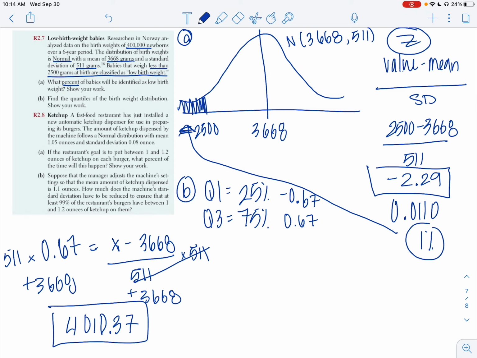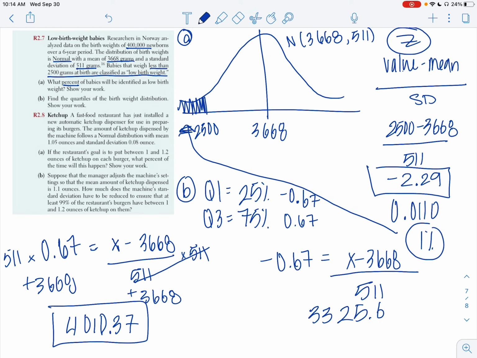If we repeat the same thing with negative 0.67, we get 3,325.63.